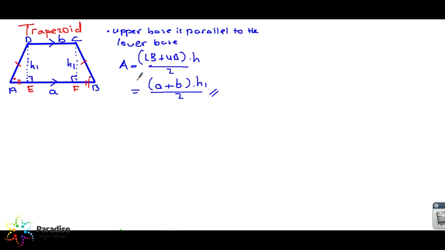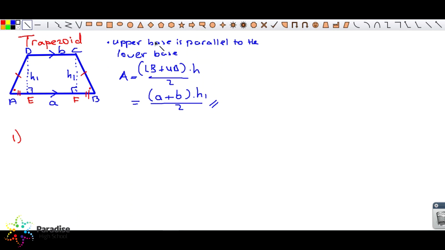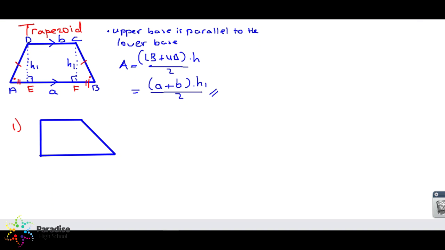Let's have a look at some examples. First of all, let's sketch a trapezium. We don't have a ready-made trapezium picture here. Okay, so here we go. Here is one side, here is another side, and another. Here is our trapezium.